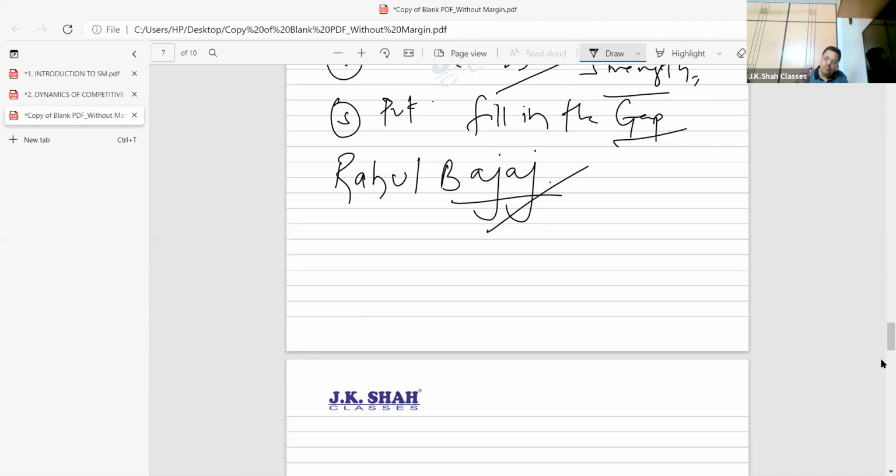People used to book a Bajaj scooter 10 years in advance. Then they would get the delivery of scooter. That means whatever was produced was sold immediately. But in Delhi, in Punjab side, you don't have good public transport system.